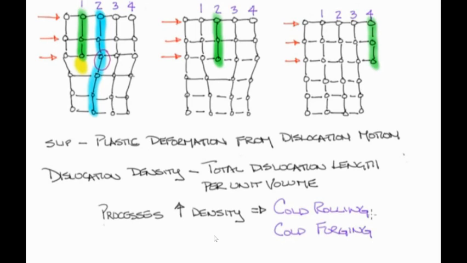In these cases, we're assuming that our material is below its recrystallization temperature. So cold rolling and cold forging are examples of processes below recrystallization. Just remember, the next time you permanently deform a metal, what you have actually done is a large amount of dislocation motion.